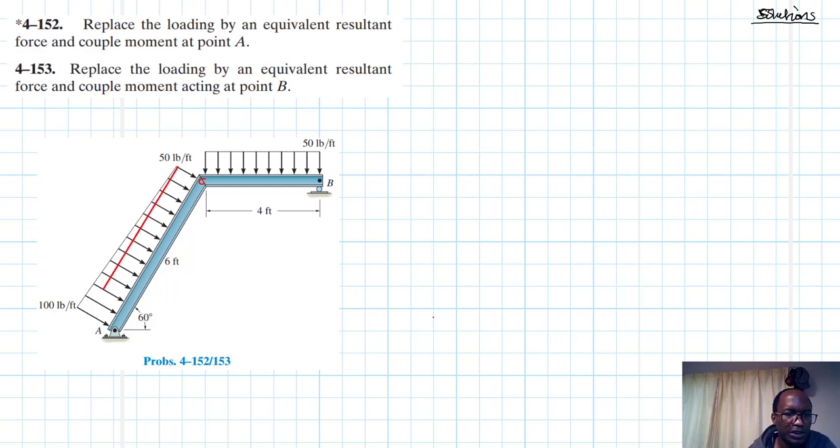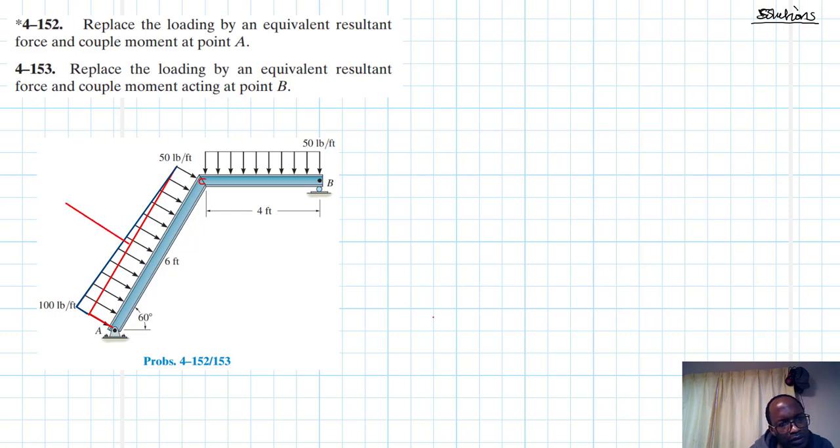So let's partition this trapezoid into two so that it's easier to work with. The one in red is our rectangular, and the one in blue is our triangular. Great. So let's start with the one in red.